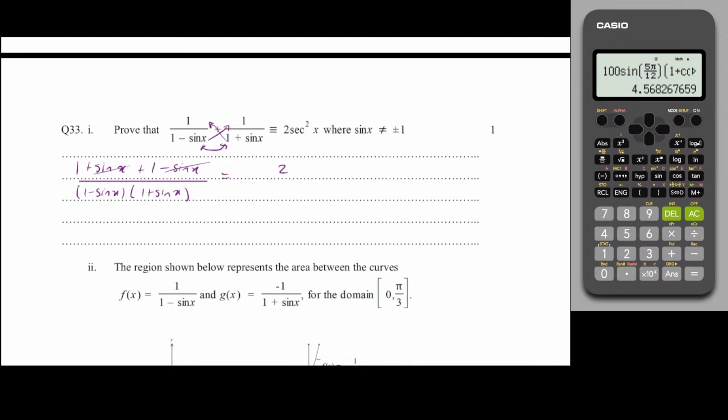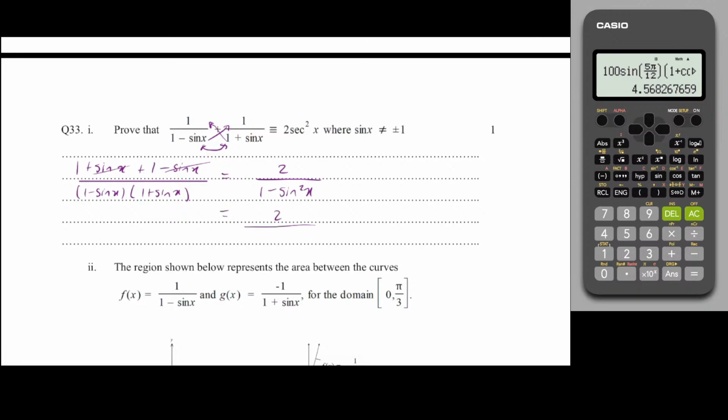We're left with 2 over the bottom. Well, it's just the difference of two squares, isn't it? It's going to be 1 minus sine squared x.